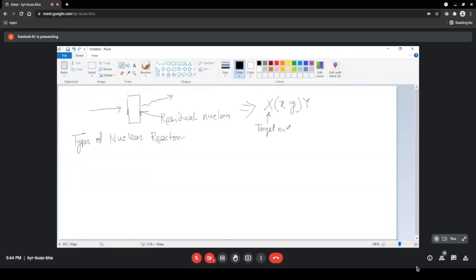Target nucleus. What is small x? Projectile. Capital Y is the residual nucleus, and small y is the ejected particle.